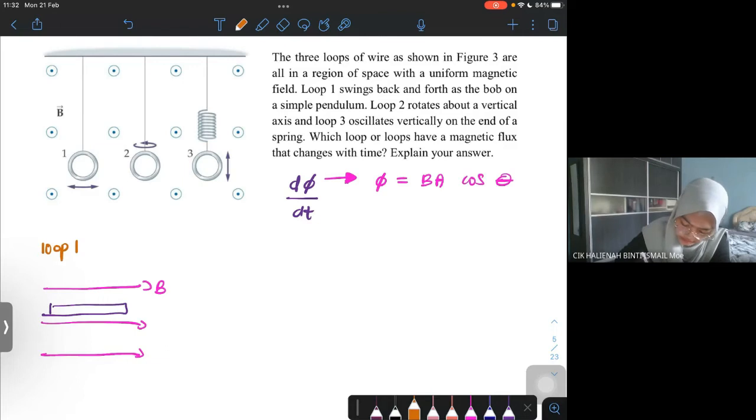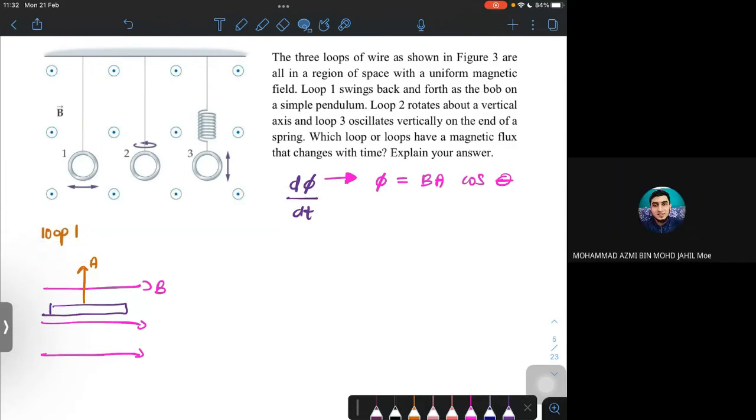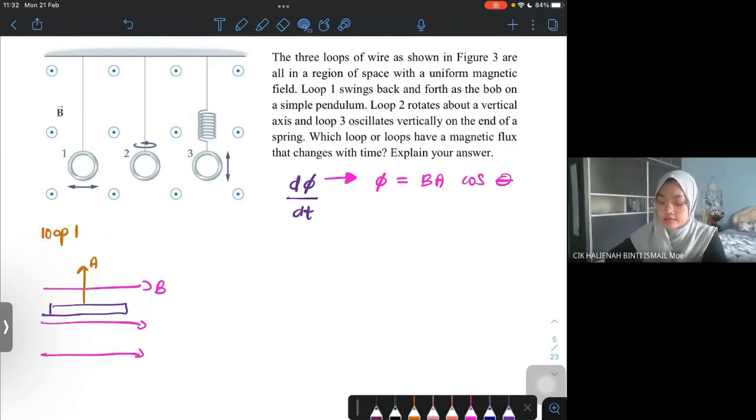And then we know that the area will always be perpendicular to the plane. Now this plane is moving back and forth, pergi kanan, pergi kiri. So adakah perubahan angle di sini? Tiada, Miss. Tiada perubahan angle. So there's no change in angle.